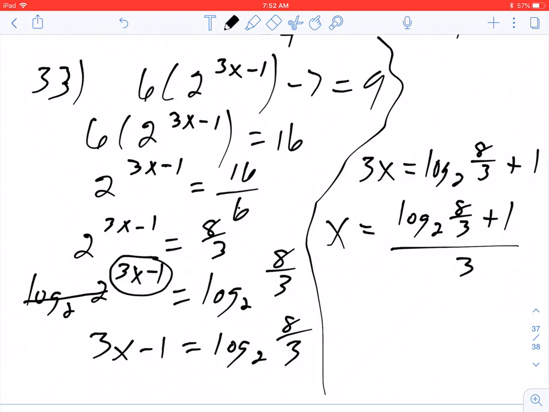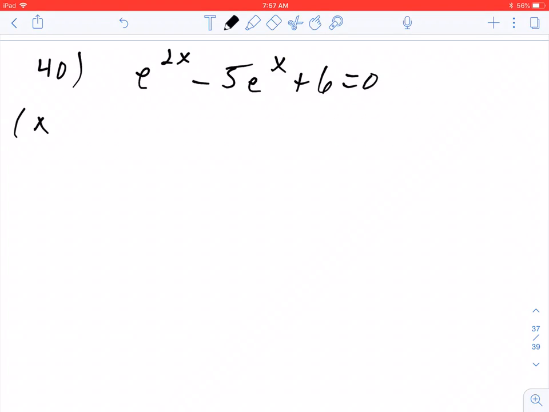And then from there, you're going to add 1 to that. And I would suggest just getting that answer and then taking that answer and dividing it by 3. And then you'll end up with x equals 0.805 for number 33.